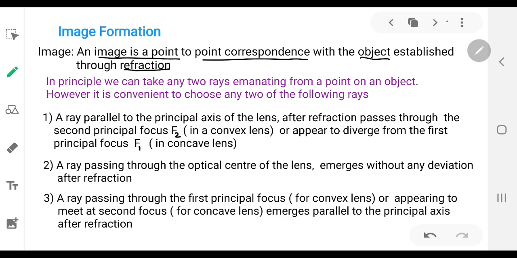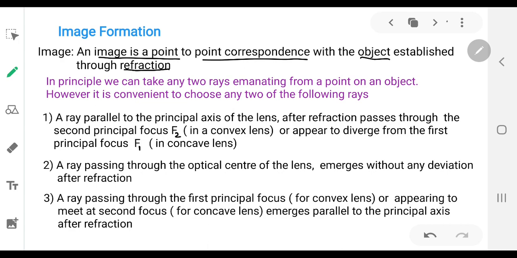The object is emitting light rays. Those rays are incident on the lens and they refract. After refraction, wherever those refracted rays meet, that point is called the image.